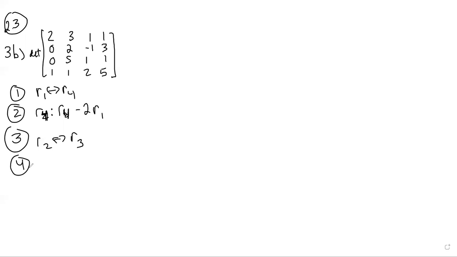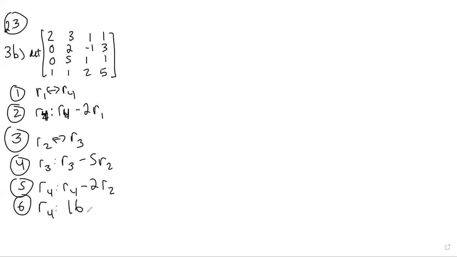If you want to pause and do them, maybe it's good practice. But we end up with a big slew of these actions. And this will be row 4 becomes row 4 minus 2 of row 2. And we end up doing row 4 becomes 16 times row 4, and you might bring this down to triangular form using some other procedure.